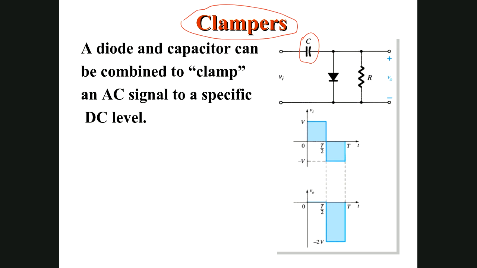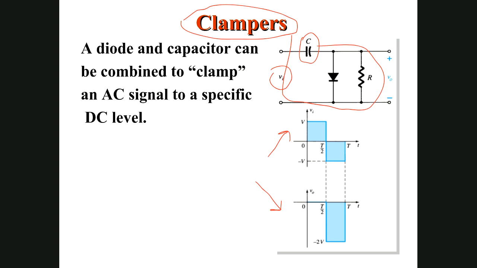Yes. So as far as a clamper is concerned, a clamper is a circuit that is used to shift the level of your signal. For example, see this example. This is the graph of the input signal, and this is the graph of the output signal when your signal goes through the circuit. This is Vi and this is Vo.